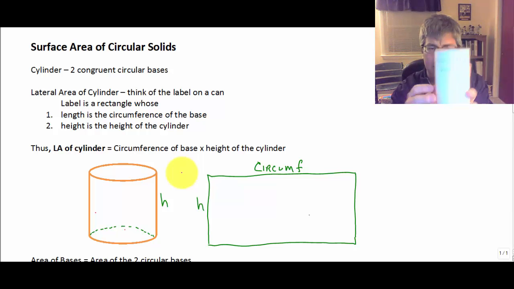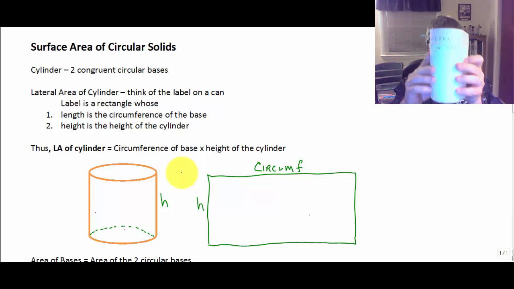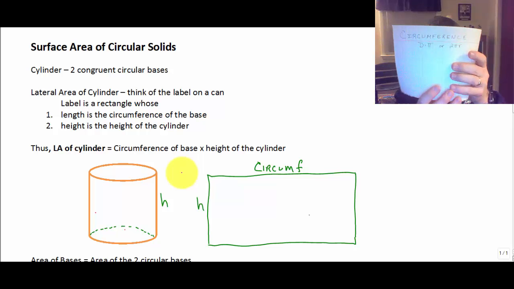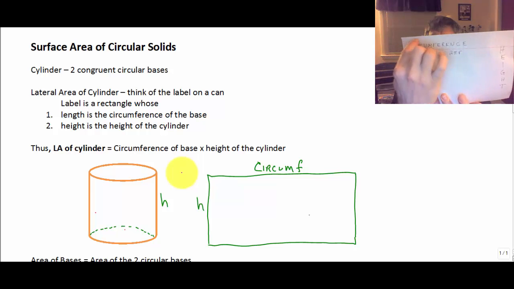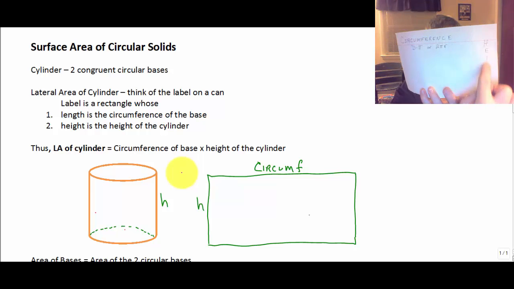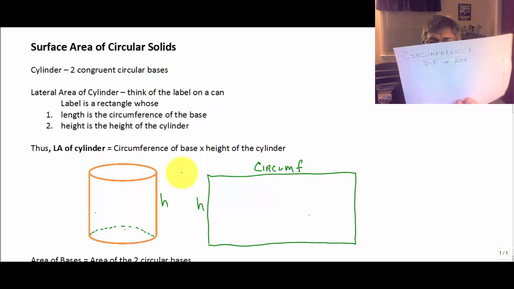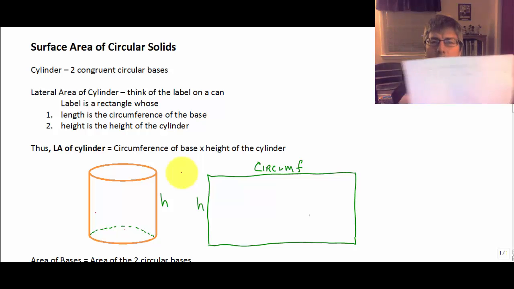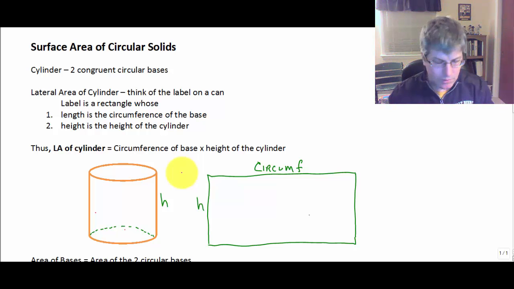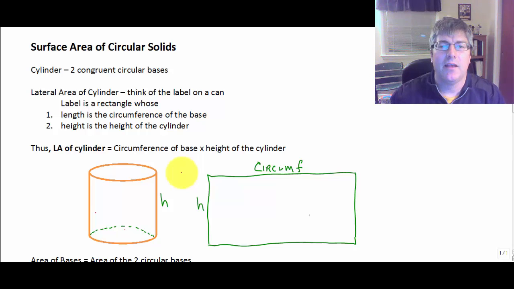This is my height. I pull my label off, and what do I have but the circumference times the height, which is really a rectangle, length times height. So that is the lateral area of my cylinder. It's length times height, but my length is the circumference of the circle.